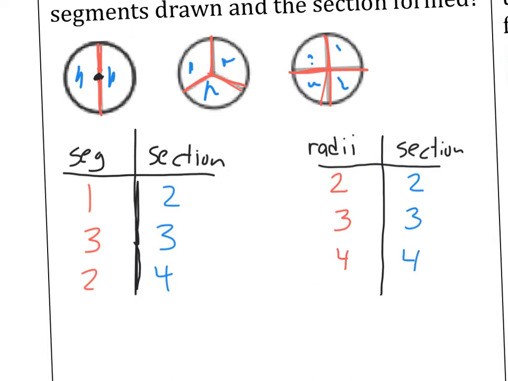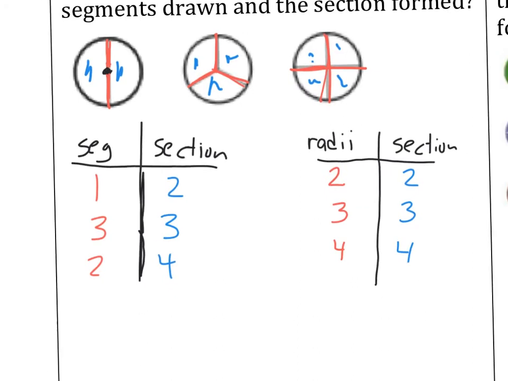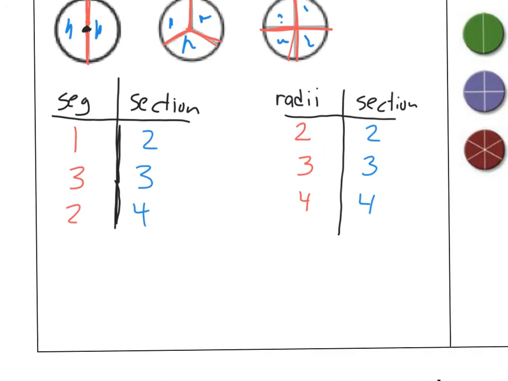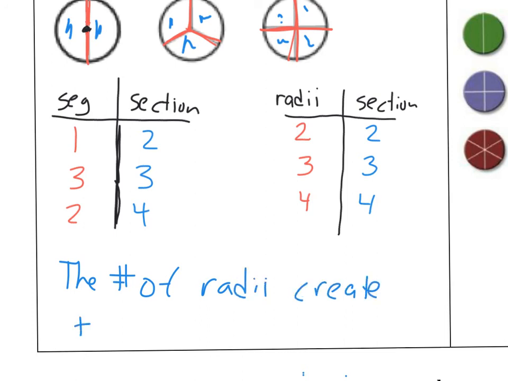Now, what would you conjecture to be the situation here? Well, the number of radii creates the number of sections. The number of radii create or form that many sections.